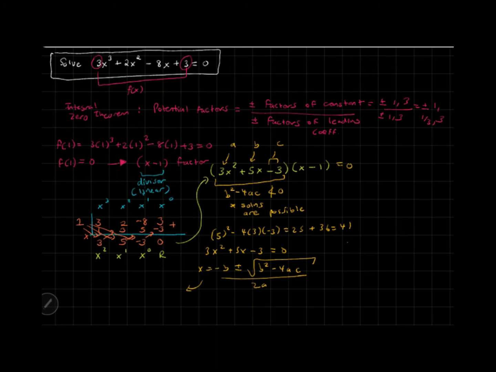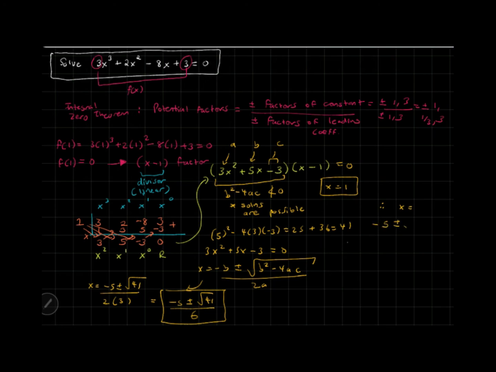So the -b here is -5 plus or minus the square root of 41 over 2 times a, which is 2 times 3, which is 6. So x can be -5 plus or minus the square root of 41 over 6. The other solution here is x equal to 1. Those are the solutions for our function.